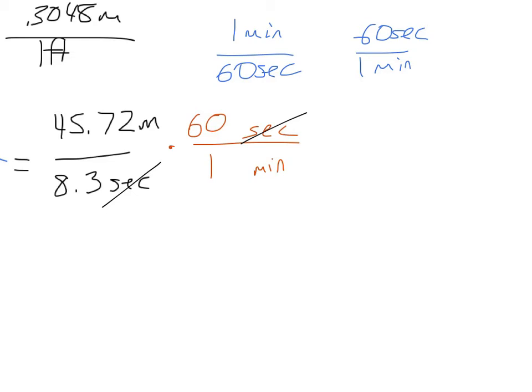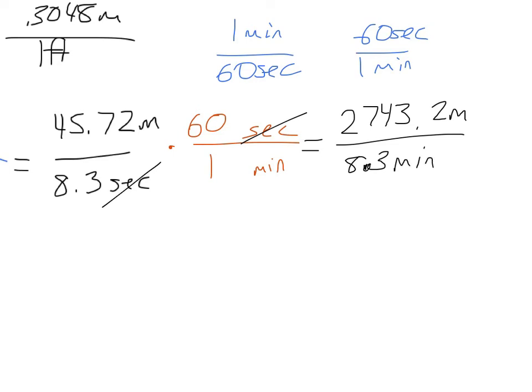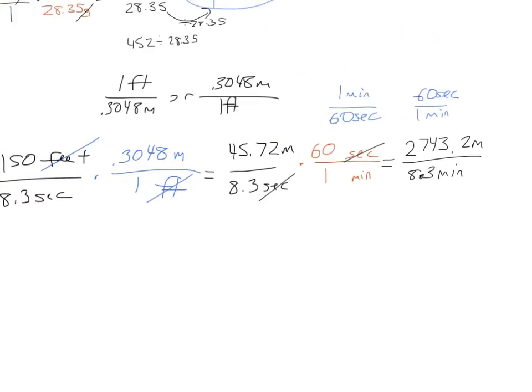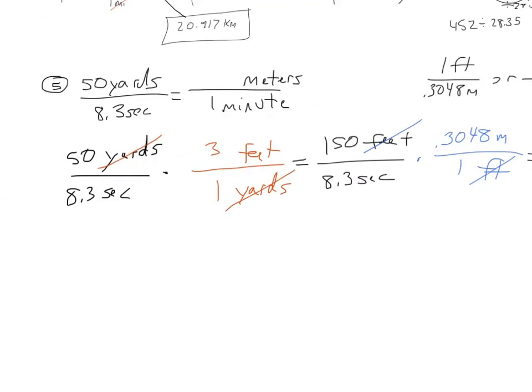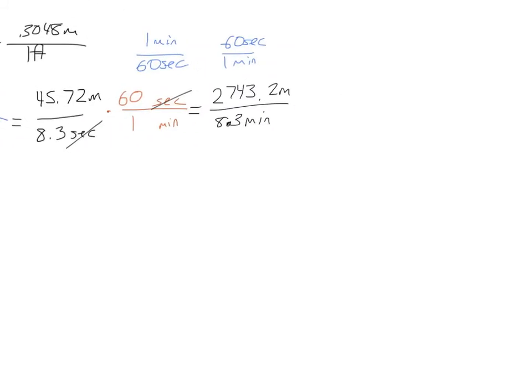Okay, and if you do that, what you end up getting is 2743.2 meters over 8.3 times 1 minute. Well, that's pretty easy. That's just 8.3 minutes. Okay. But let's keep in mind, I want to know in meters per minute, not meters per 8.3 minutes.